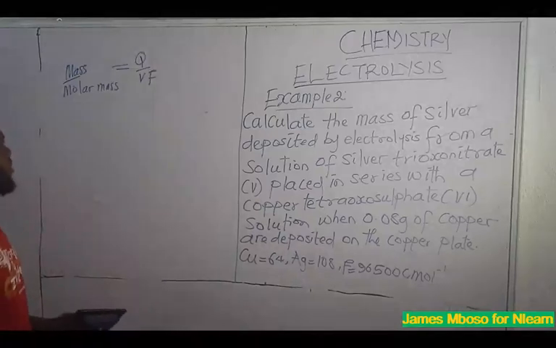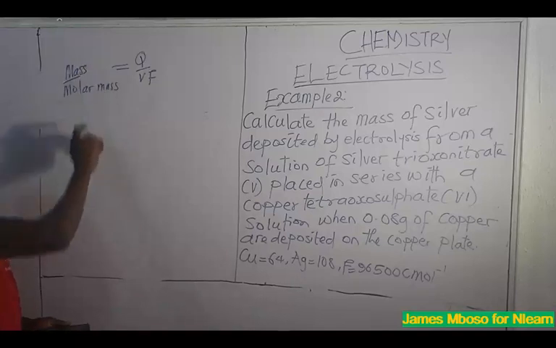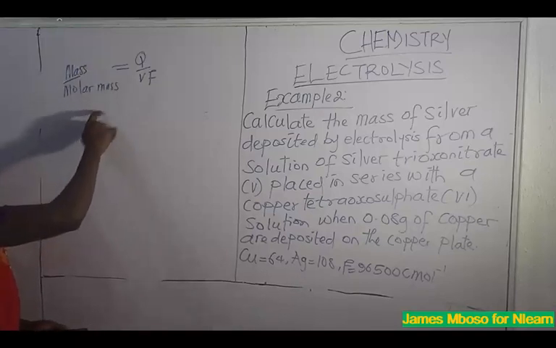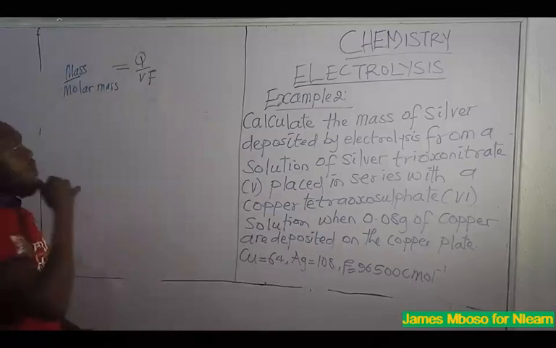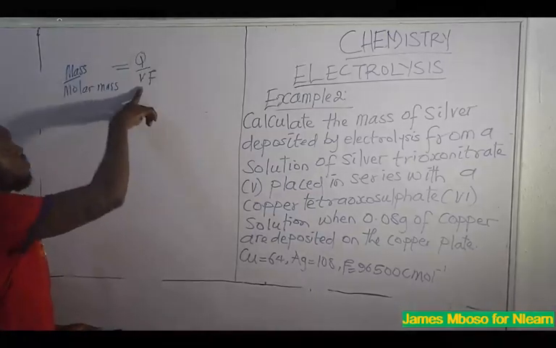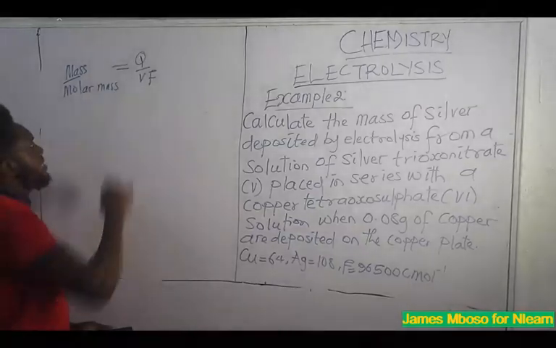Why are we using this formula? Because we have the mass, we have the molar mass, but we don't know the quantity of electricity passing through it. So we can get our Q since we now know the value of V as well as F.